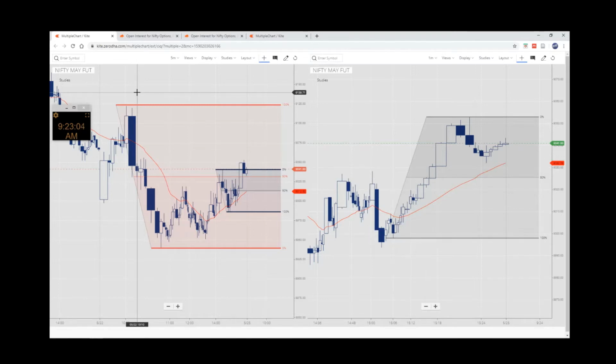You need to know to the second exactly when the candle is going to close, and unfortunately this platform does not have a countdown timer. I sometimes use TradingView for analysis as well as for stock trading. In that, a countdown timer is there, so I will not be using any clock, but otherwise most of the time there will be a clock on my desktop.